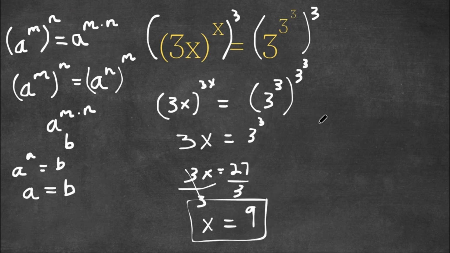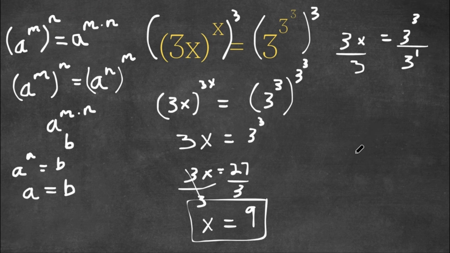Now, our second way is 3x = 3^3. The second way is simply dividing by 3 at the start, and 3^3 divided by 3 is 3^1.